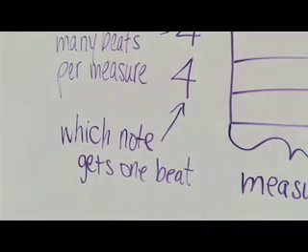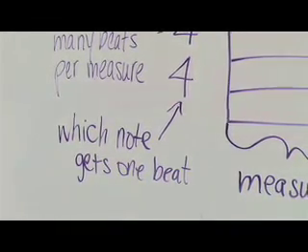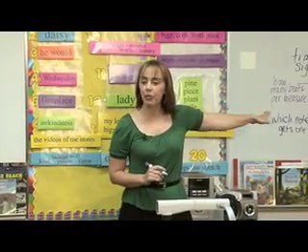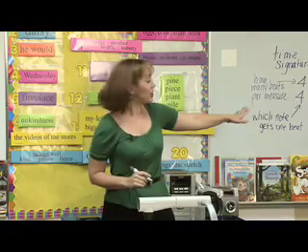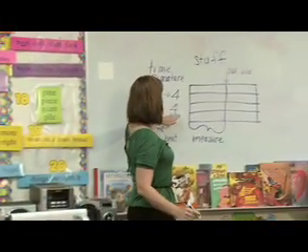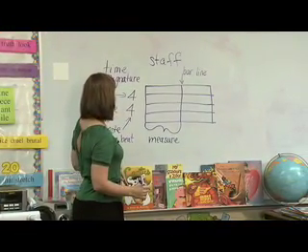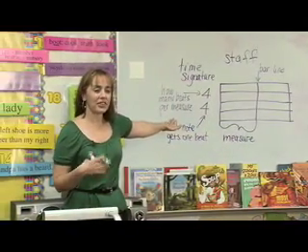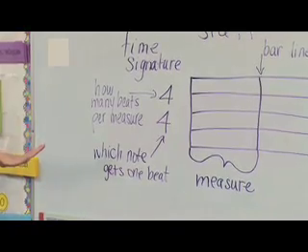When we split things into 4 pieces, what do we call each piece? Yes, sir? A quarter. A quarter, that's right. So when we see that 4, we know that it's talking about the quarter note. So we know that the quarter note gets one beat, okay? This is the most popular time signature that you're going to see the most.